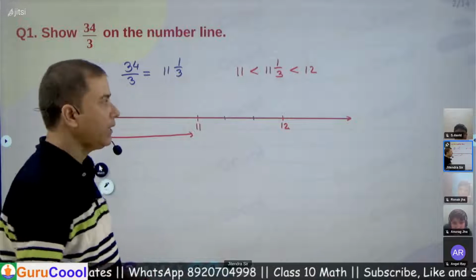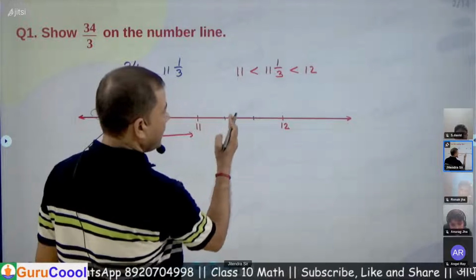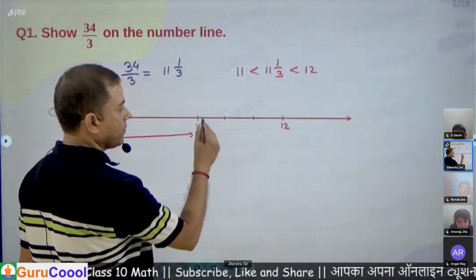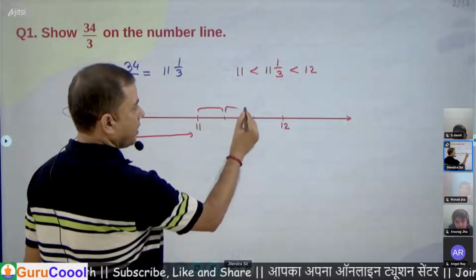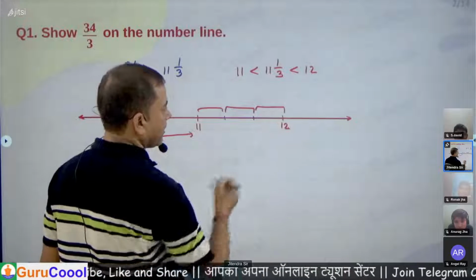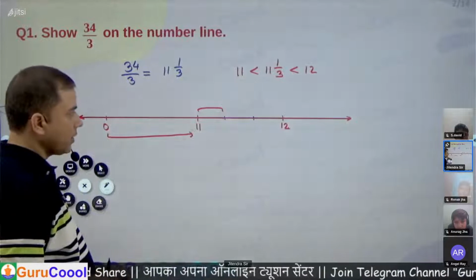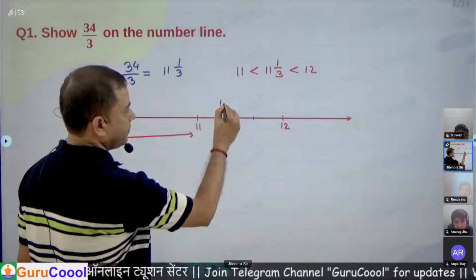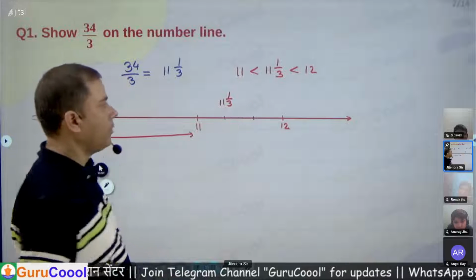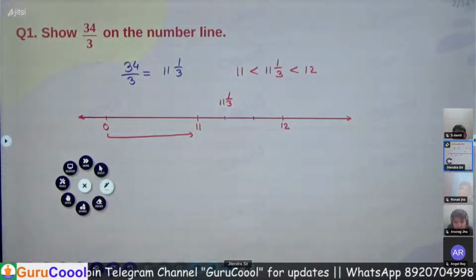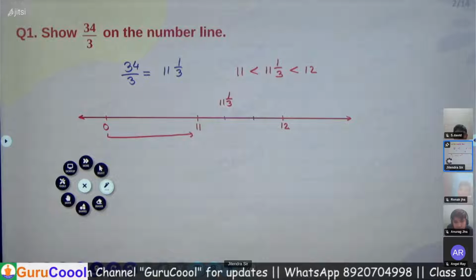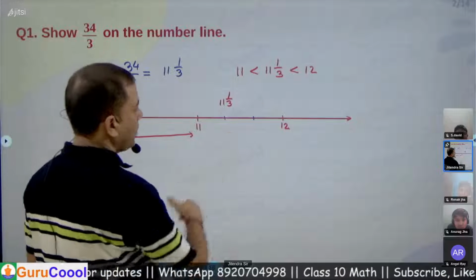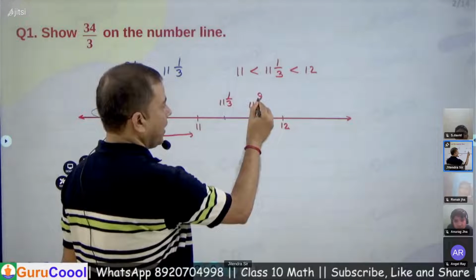How to do that? You can see here I have divided the distance between 11 and 12 in three equal parts. First part this, second part this, third part this. The first point represents 11 and 1 by 3. The second point represents 11 and 2 by 3.